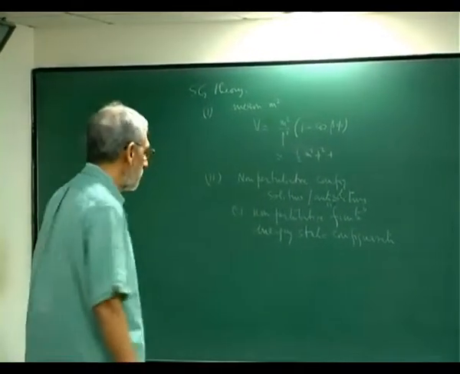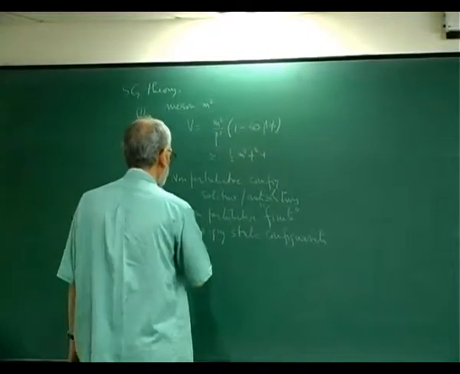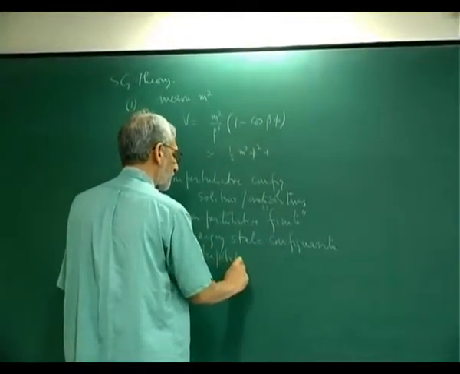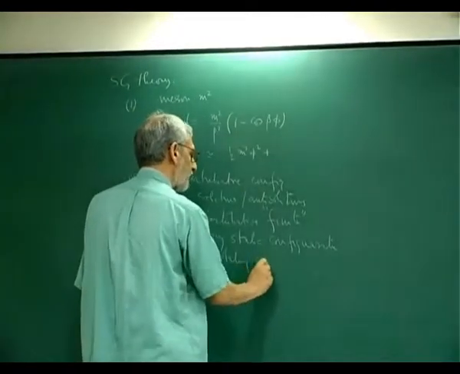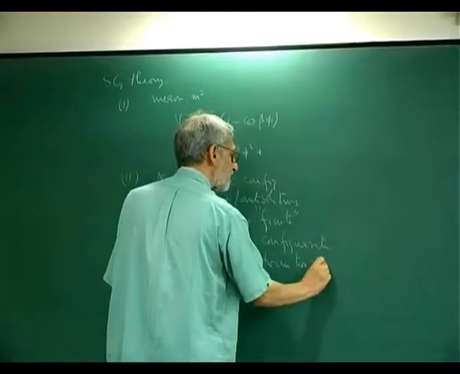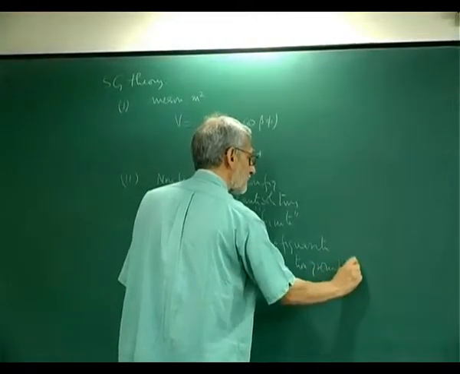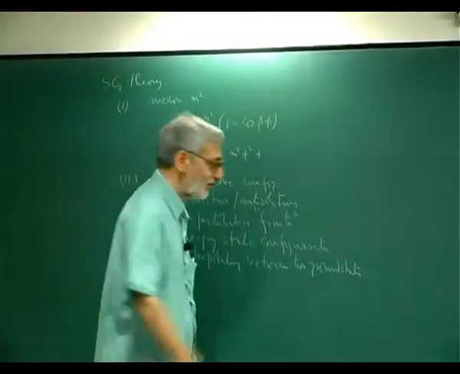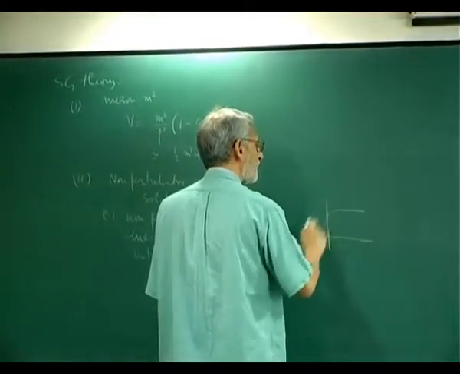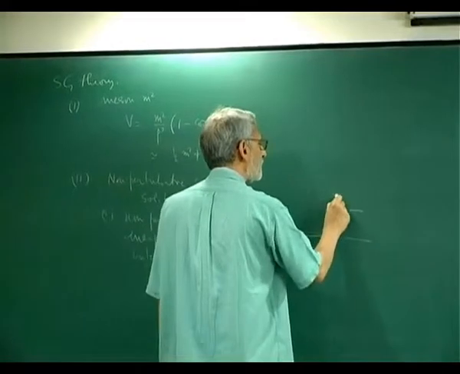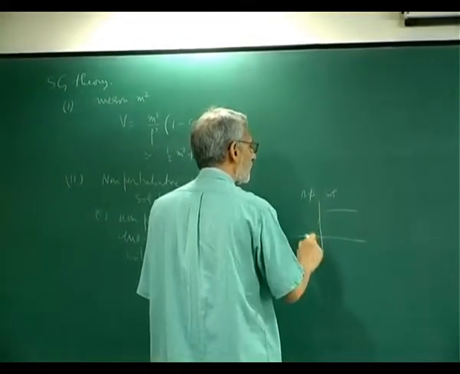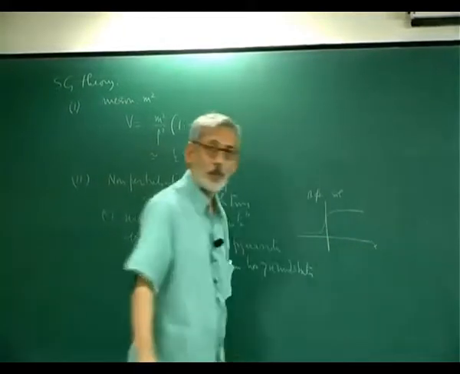And these interpolate between two ground states. And the configuration was something of this kind. This was the soliton, beta phi as a function of x.